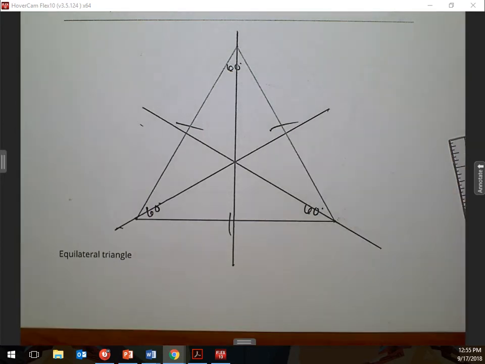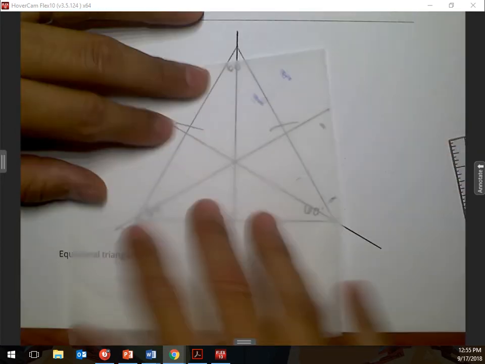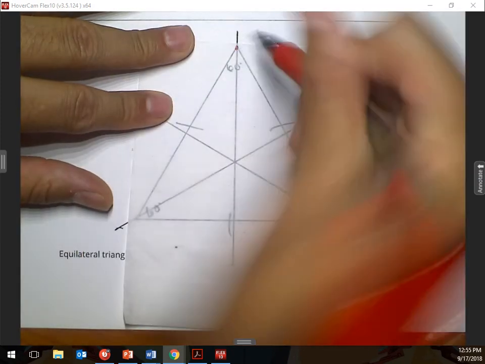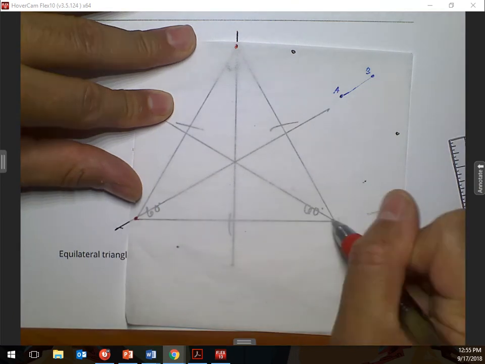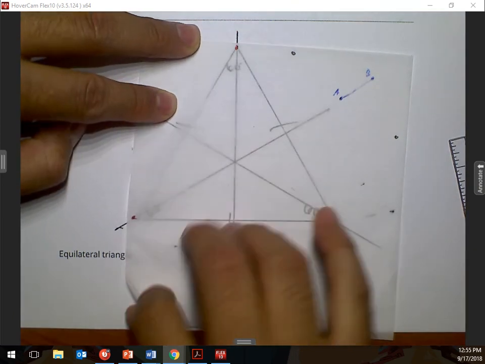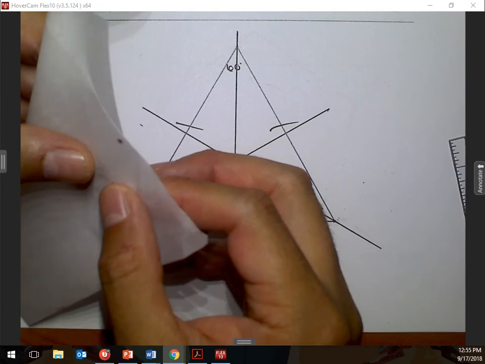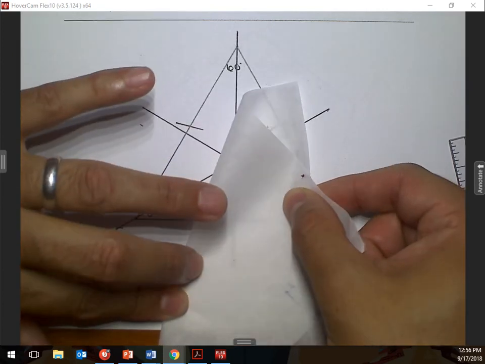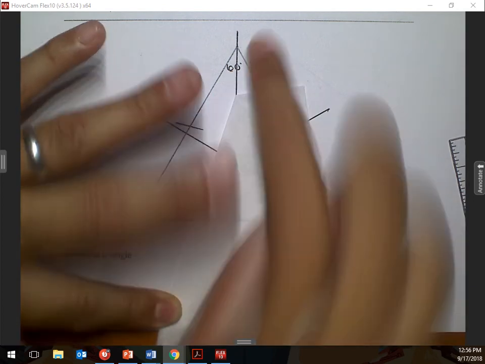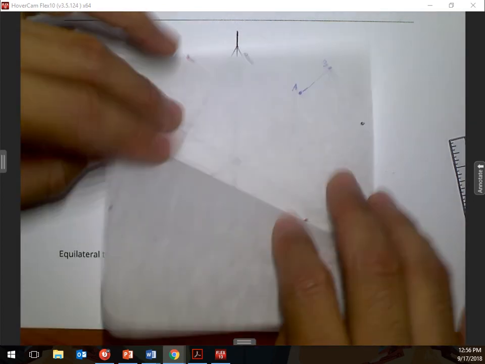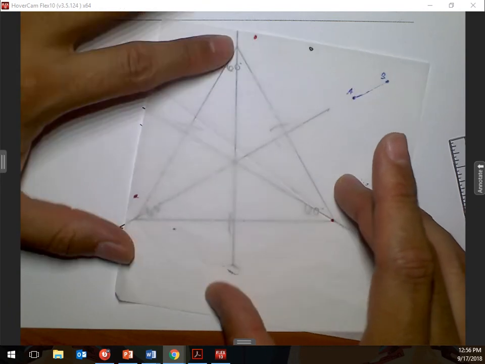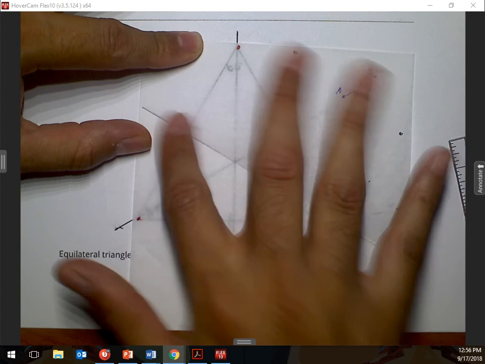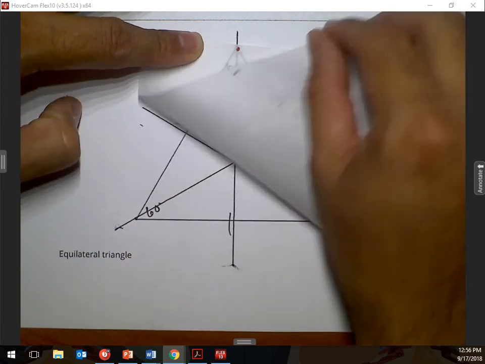So what I'm saying is, if I were to take this and fold it over, I could put one on top of the other. Let's take a look here, please. I have my points lined up right there, so when I fold it along this, I get a line of symmetry there.